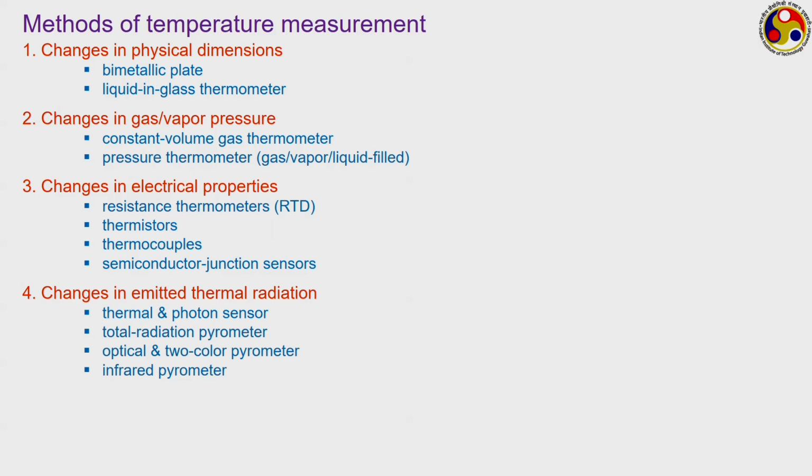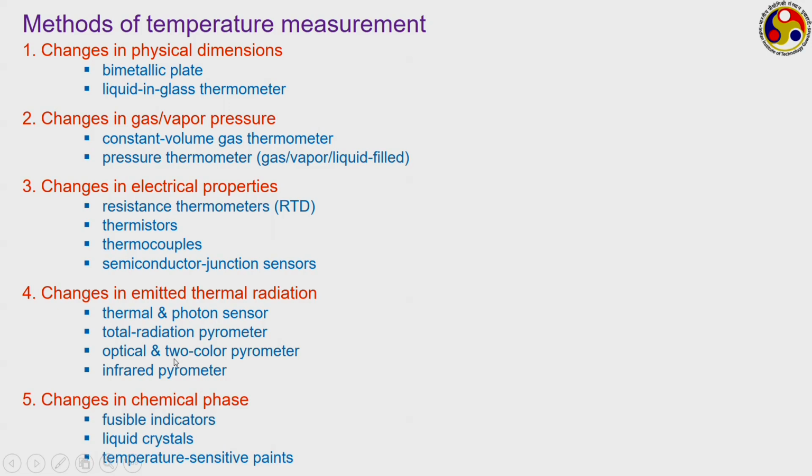Then change in emitted thermal radiation: thermal and photon sensors, total radiation pyrometer, optical and two color pyrometer, and infrared sensors or infrared pyrometers. Changes in chemical phase is a much newer use and not that much at industrial scale, but more at research scale, like fusible indicators, liquid crystals, temperature sensitive paints, etc.